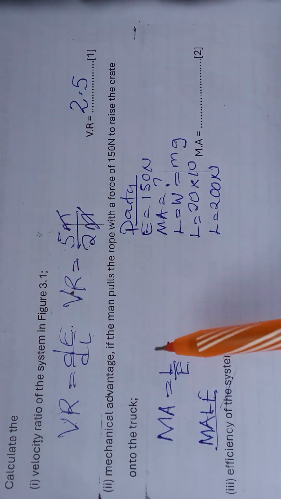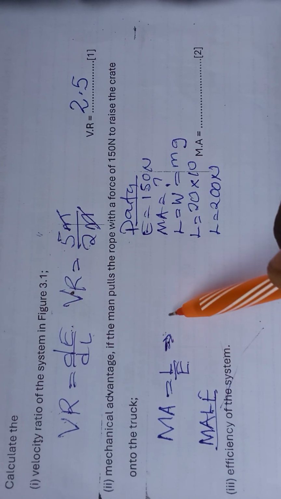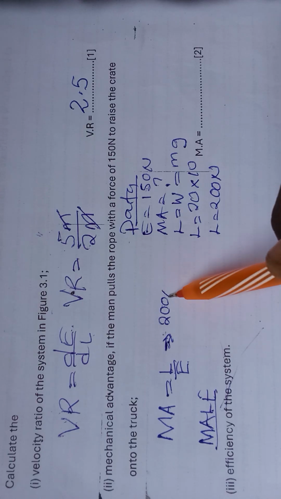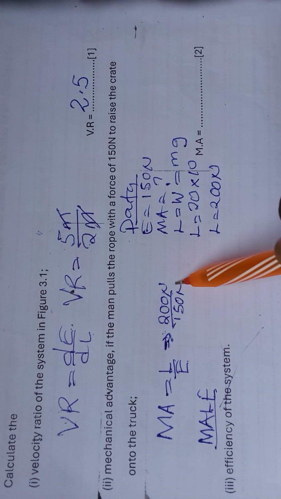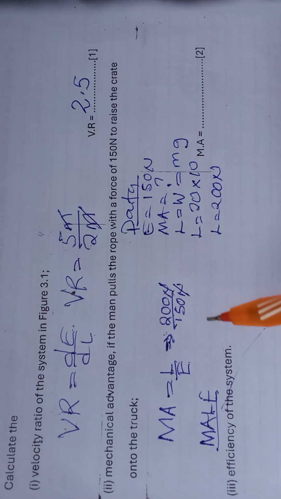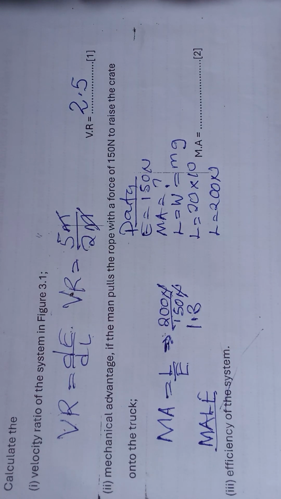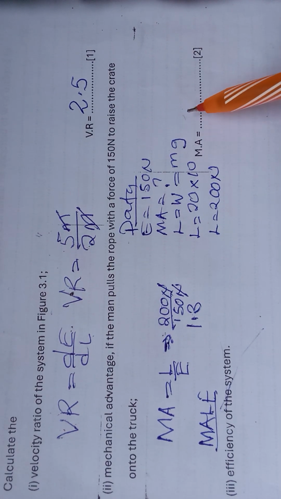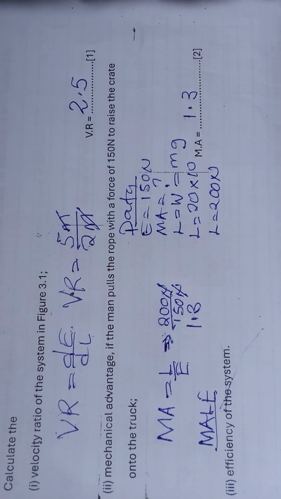So our mechanical advantage is the load, 200 Newton, divided by the effort, 150 Newton. Newton and Newton will go, and when we divide that, it's going to give us 1.3. That is our mechanical advantage. So we'll write there 1.3.